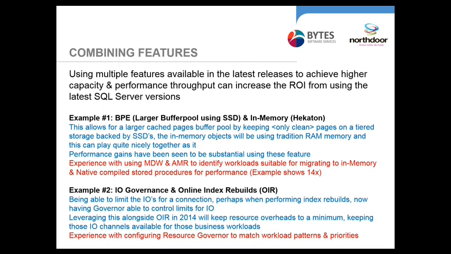I also touched on the I/O governance earlier and the online index rebuild, which is kind of in the 2014 estate, and basically being able to do an individual data partition and rebuild that as an online operation is only just becoming available now in this release. So that's really been able to leverage limiting the amount of IOs a certain thread or connection is making and using.